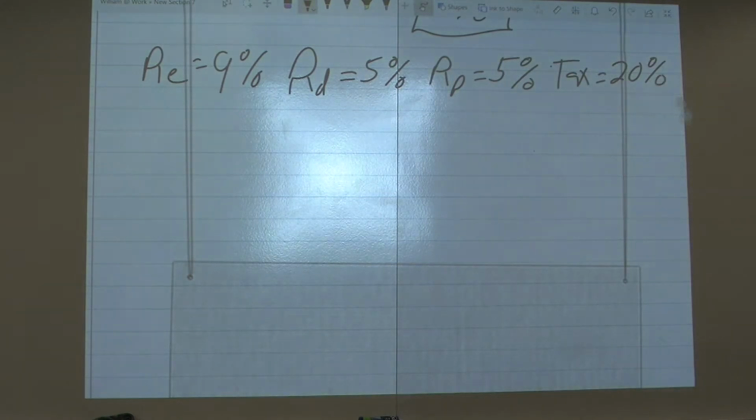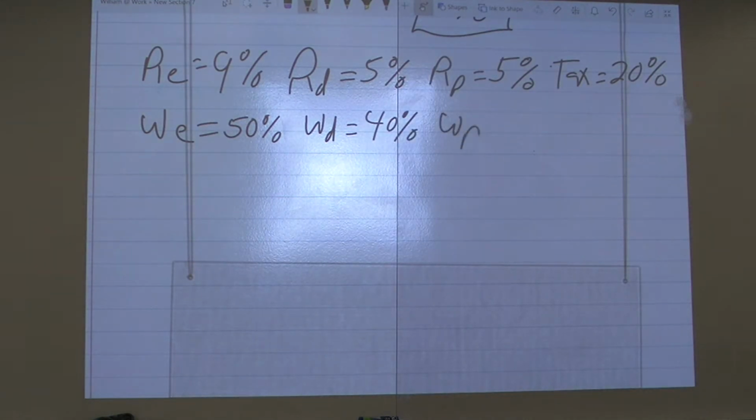And then we're given our weights. So our weight of equity is 50%. Our weight of debt equals 40%. And our weight of preferred equals 10%.